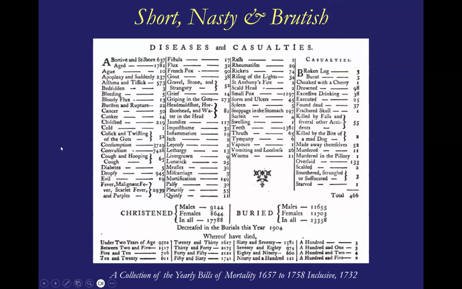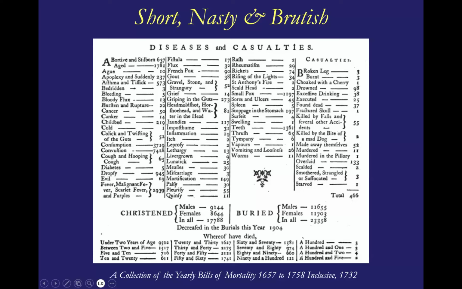Consumption, colic, cancer, those are ones we would recognize now. Asthma, being bedridden, even grief killed 14 people in London that year. The other interesting thing to keep in mind is at the bottom of this bill, you can see a couple of things.